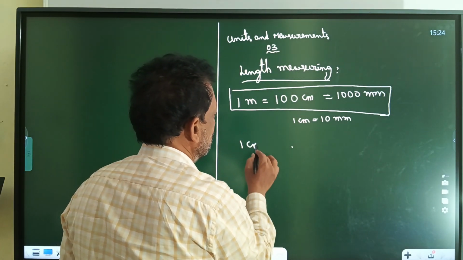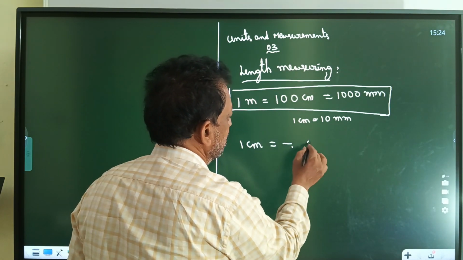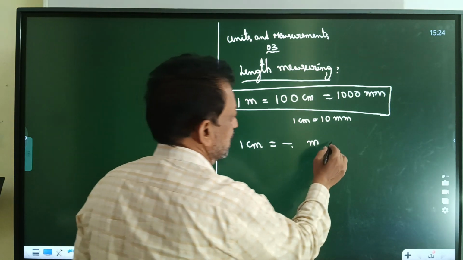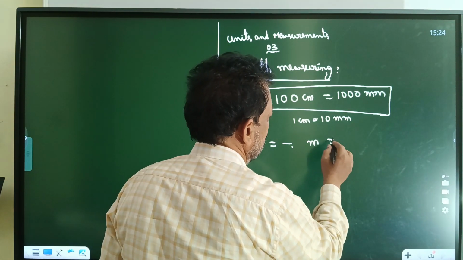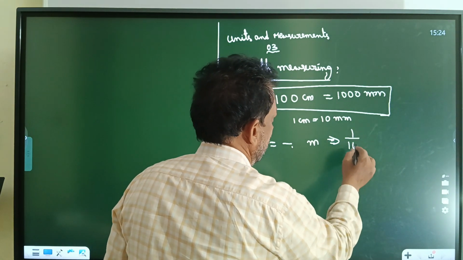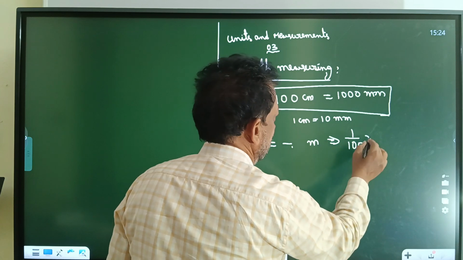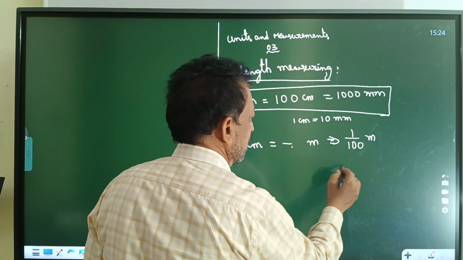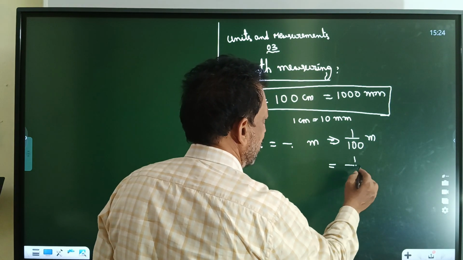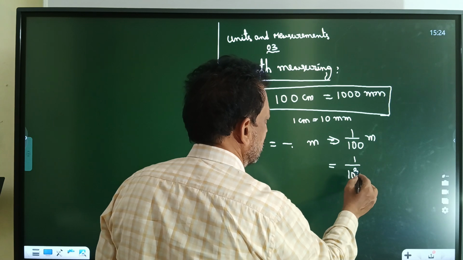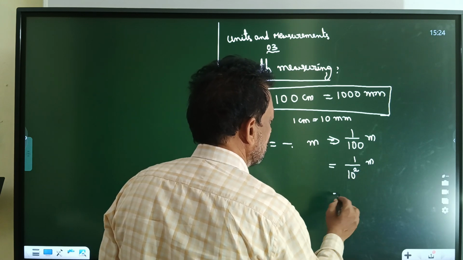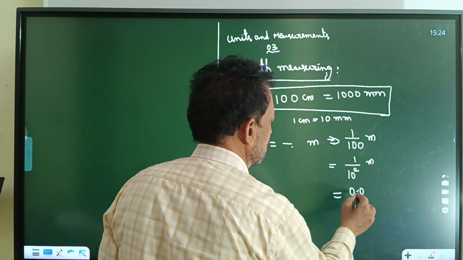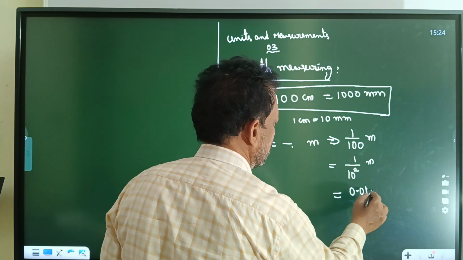1 centimeter is equal to dash meter. Now people are going to say 1 by 100 meter. Otherwise they can say 1 by 10 square meter. Otherwise 0.01 meter.